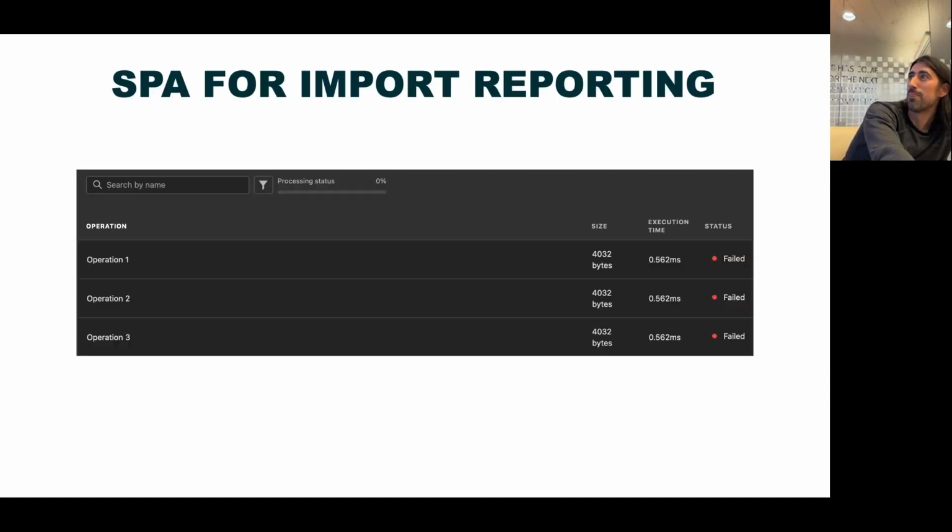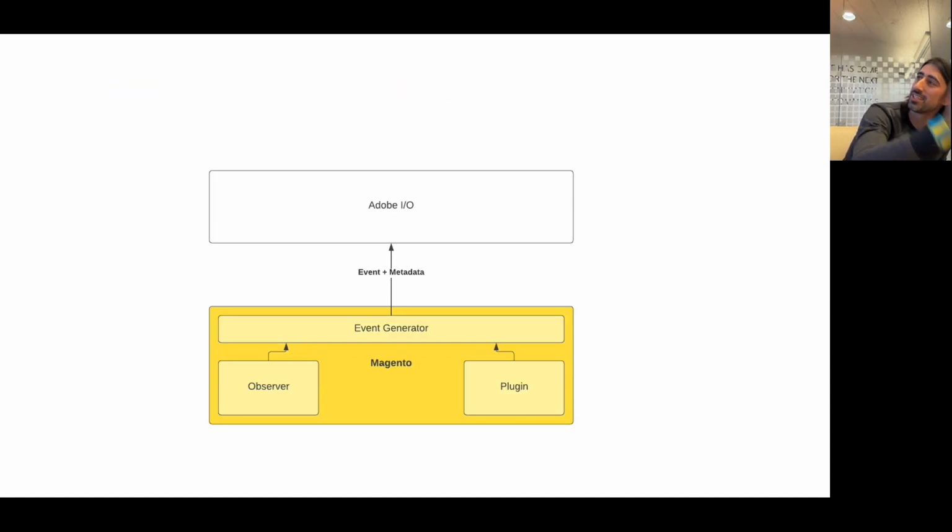Okay, and that slide I added really at the last minute, because for the last 2 weeks I'm working on quite an interesting project with the Adobe beta program for Adobe events, which technically provides the possibility to track any events that happen within the Magento core and have them in Adobe I/O.